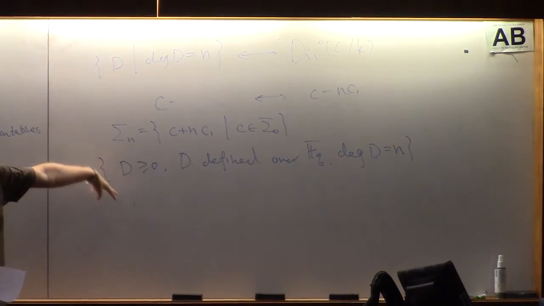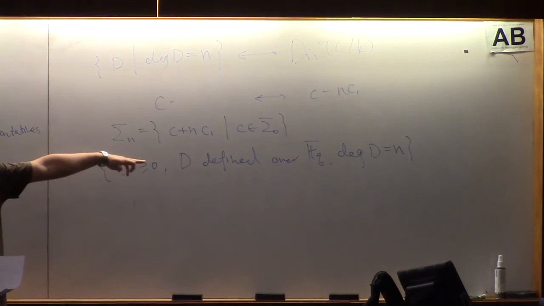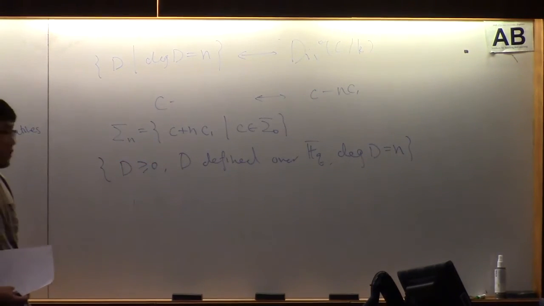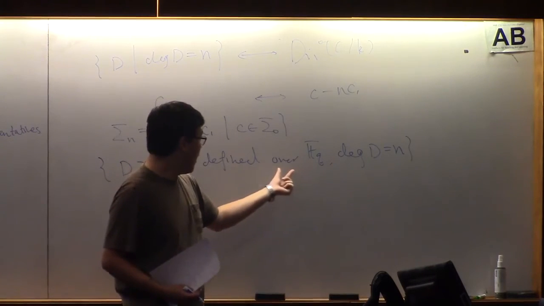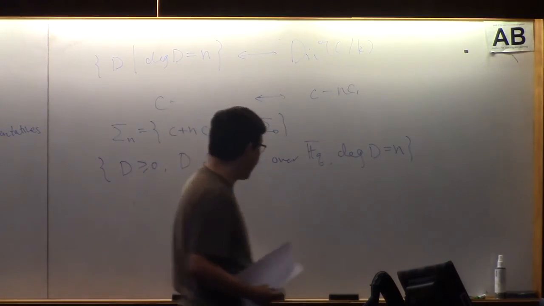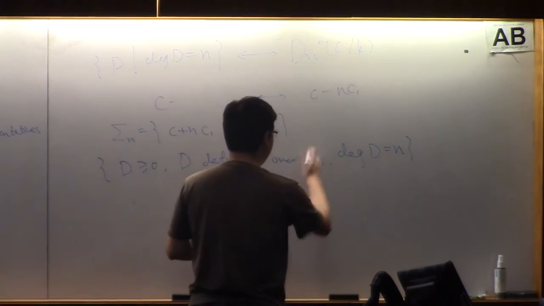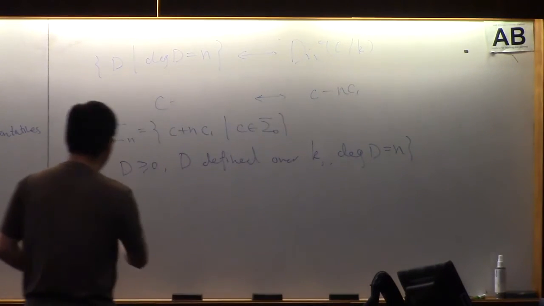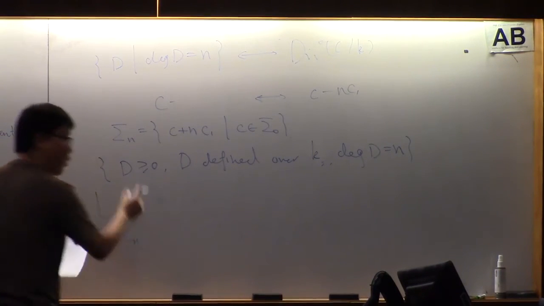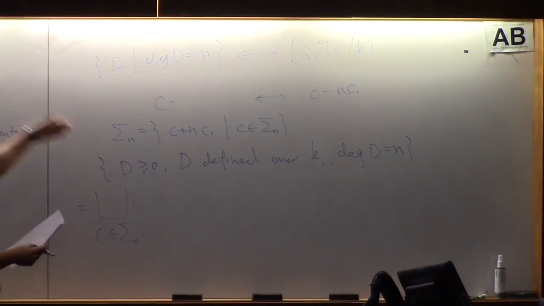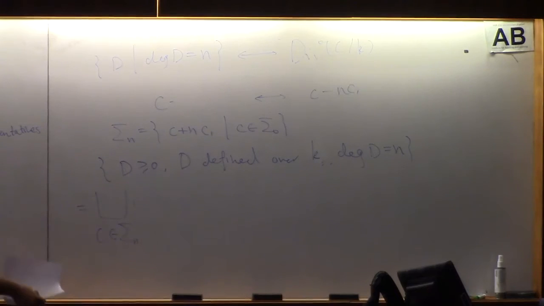The cardinality of these sets is what we want to compute. We want to compute the number of effective divisors defined over K with degree n. But we can write it as a disjoint union. We want to use the linear equivalence to divide these sets.